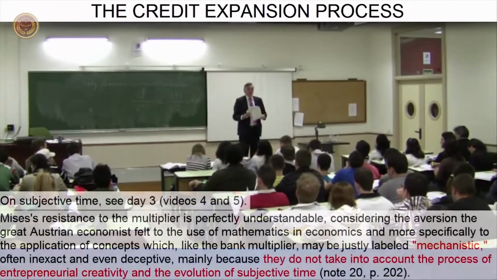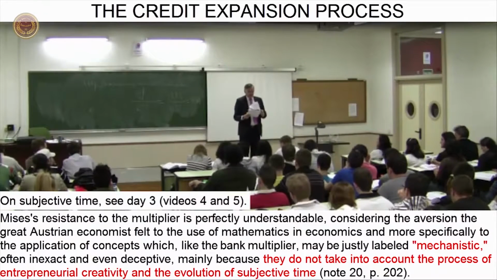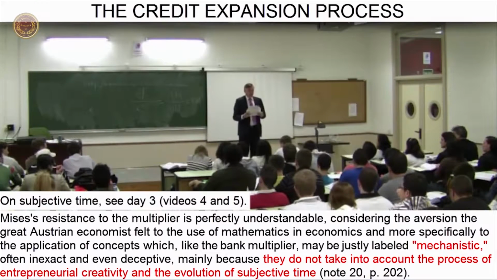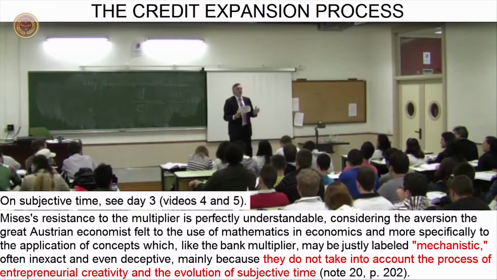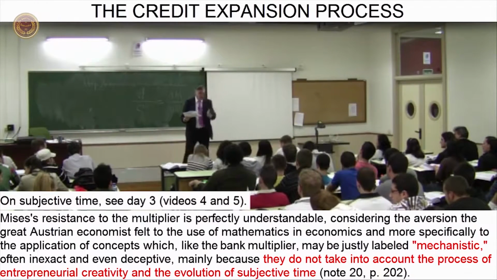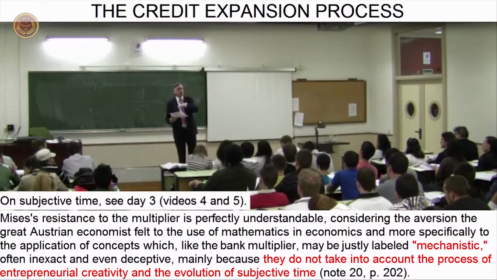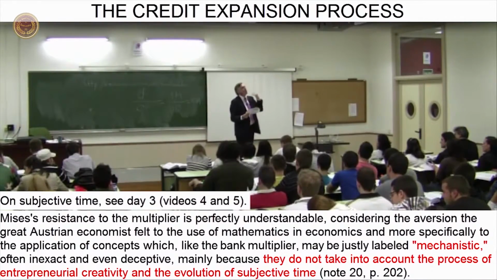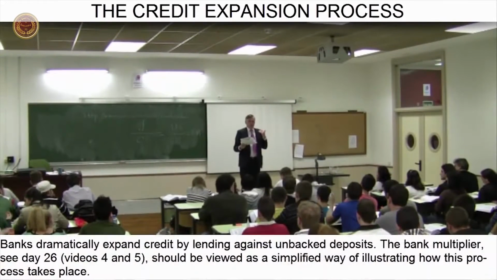In practice, it does not work in such a robotic or mechanical way, though the end result is similar. So, in real life, the multiplier does not function with precision, iteration by iteration, as it does here. This is a formalized caricature, so to speak, of a more complex process. Still, the result is similar.